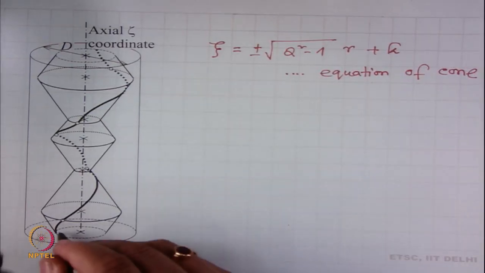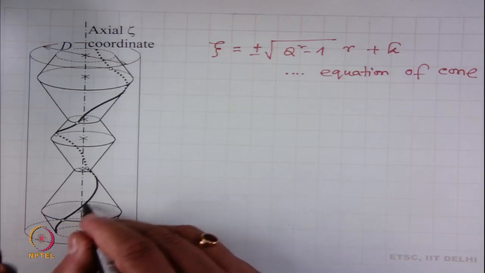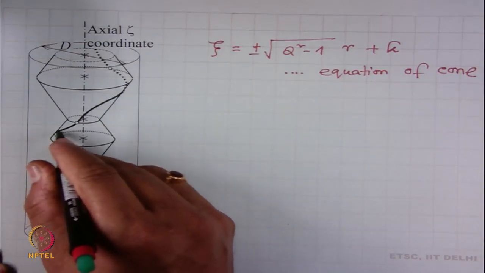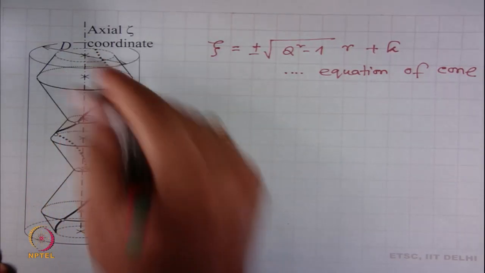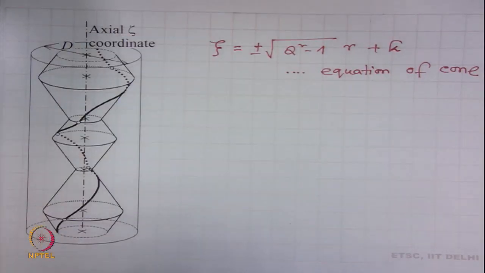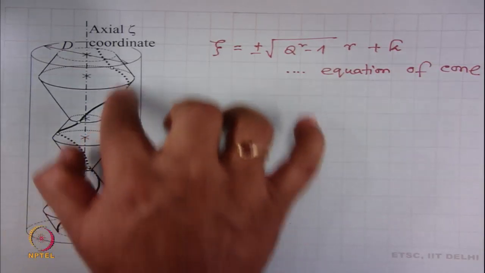It starts from somewhere here and touches the surface. Then again it goes inside, again it comes out, touches the surface, goes inside. So, this path resembles the path of a cone.